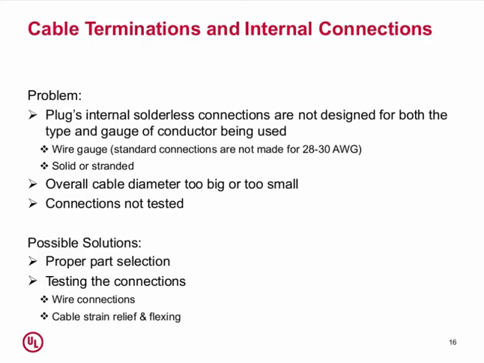Another problem is the cable diameter. Because of the wide range of wire gauges we're seeing, the cable diameter itself going into the plug is going to vary quite a bit, and the clamping or strain relieving mechanisms may not be appropriate for the different kinds of cable dimensions we're seeing.